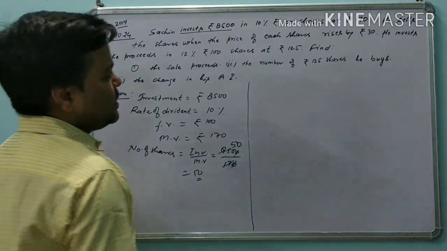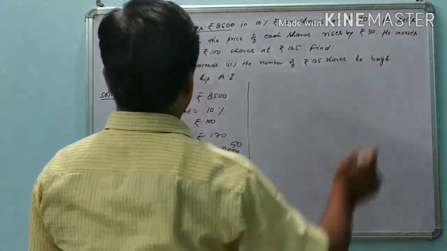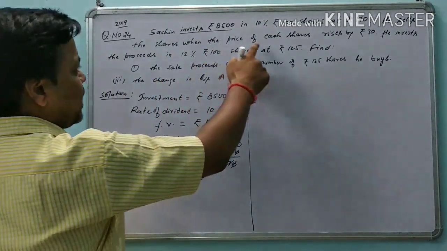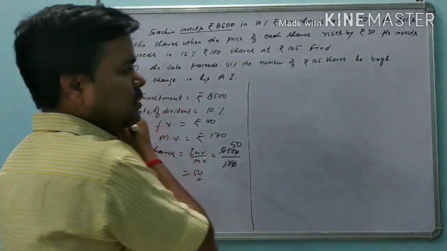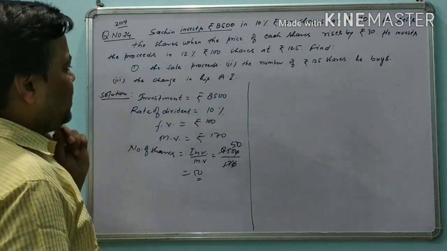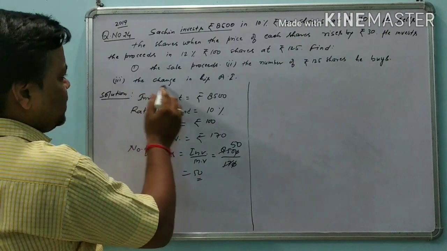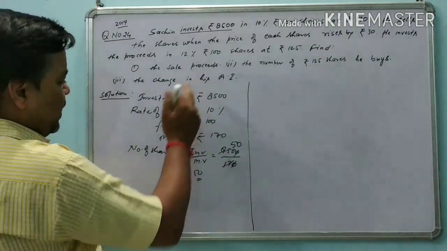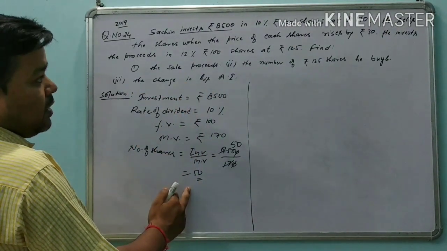Now, the second case: he sells the shares when the price of each share rises by rupees 30. But before that, it will be better to find its annual income, because while finding the change in annual income, we have to find its previous annual income.